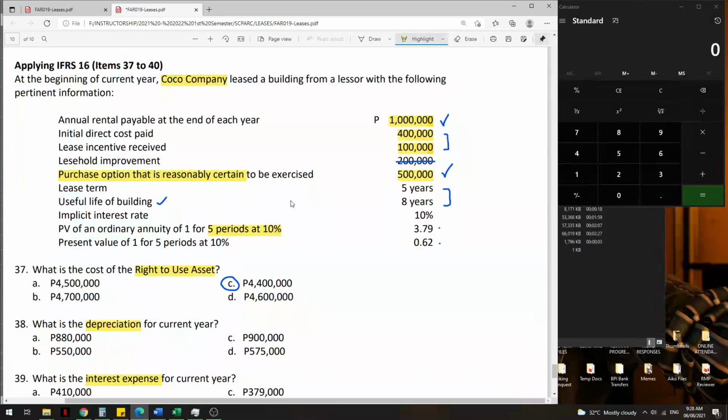Kung i-exercise niya ang purchase option, meaning ang intention ng lessee po is to acquire the ownership of the leased asset. In short, the asset will be transferred to the lessee. And when that is the case, ang gagamitin po natin is our useful life. Regardless of how long the lease term is, kung ang asset matatransfer kay lessee, depreciate it using the useful life.